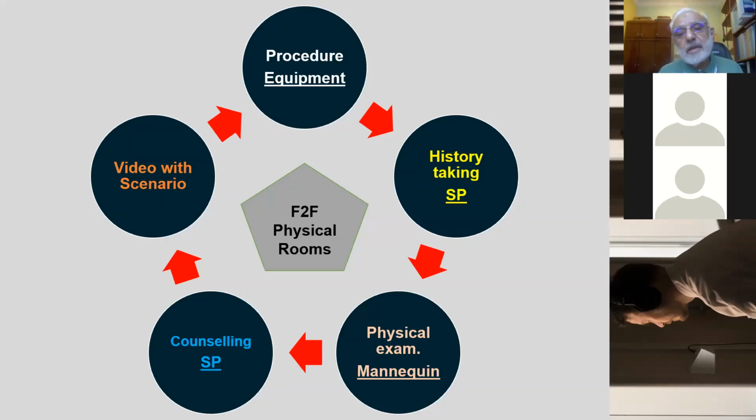There is a time limit on each station. The bell rings and the student moves from one station to another. At an observed station, the examiner marks or assesses the student, and at an unobserved station, the student answers questions and leaves the sheet, which will be marked later.